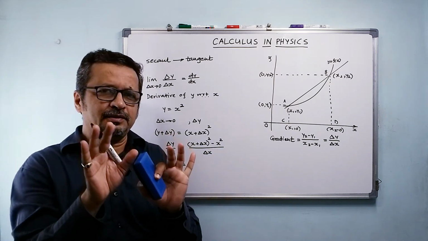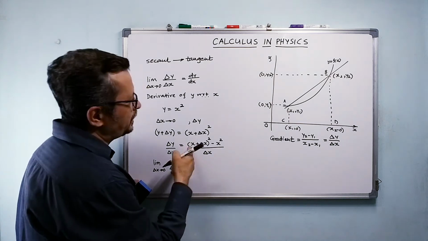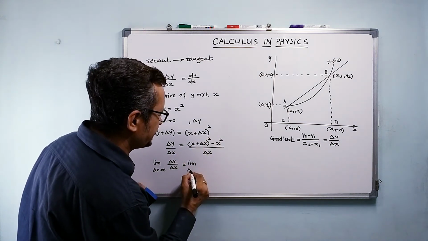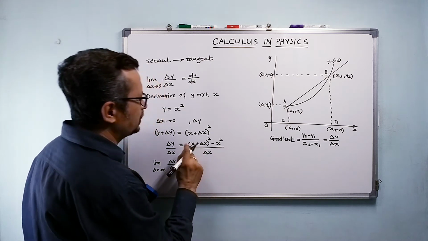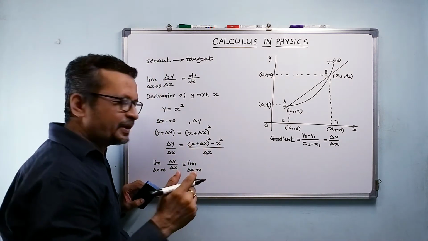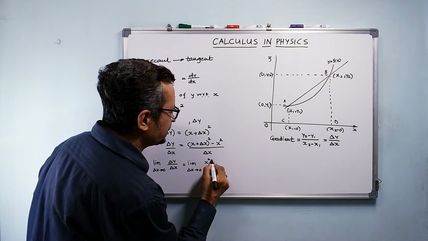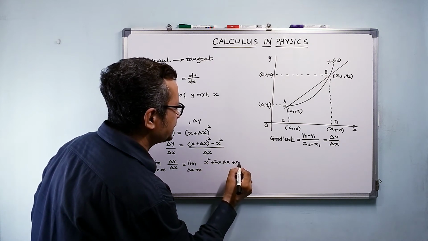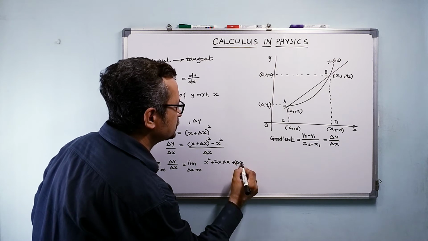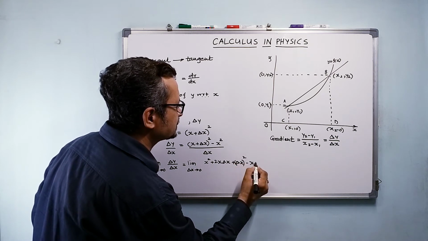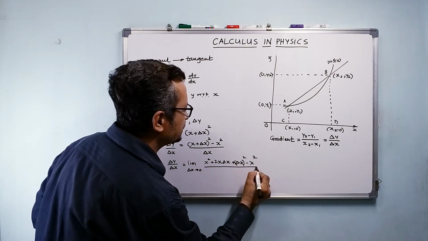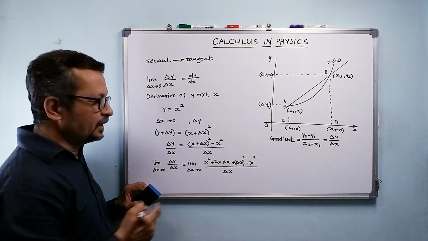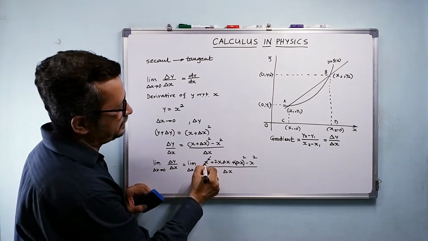So again it is gradient. Now if I expand this, it is again the limit as delta x tends to 0 of (x plus delta x) square. Let us expand this, so that would be x square plus 2x delta x plus delta x square, minus x square, and then this divided by delta x. Now here this x square is gone.